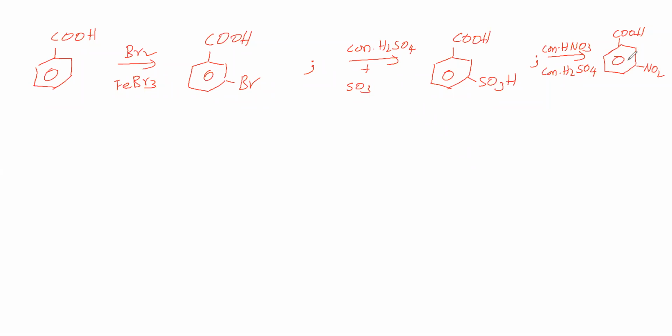Then these carboxylic acids do not undergo Friedel-Crafts reaction. Why? What is the reagent for Friedel-Crafts alkylation? Friedel-Crafts alkylation means CH3Cl and AlCl3, that is, an alkyl halide and aluminum chloride. Why is benzoic acid not going for Friedel-Crafts alkylation?